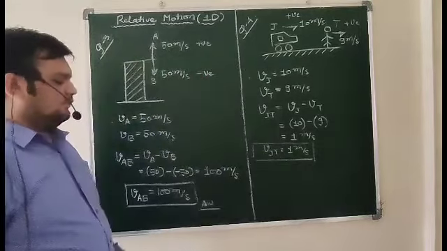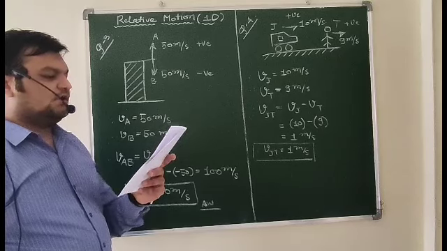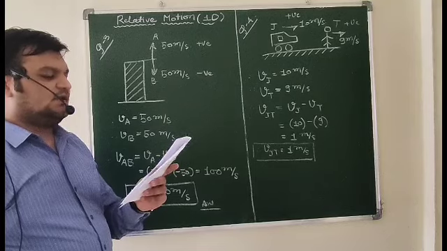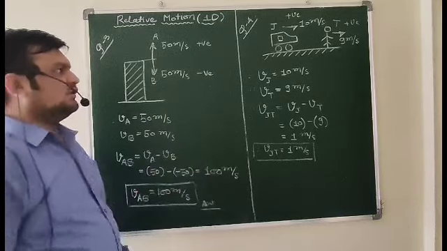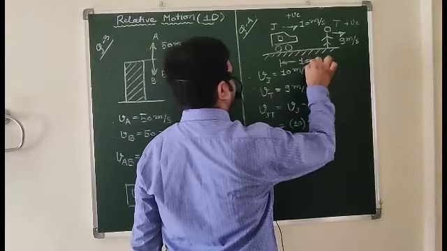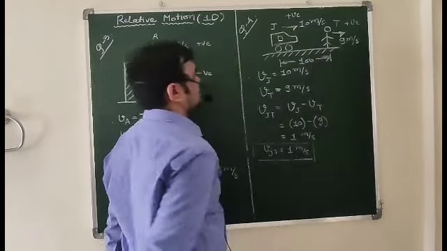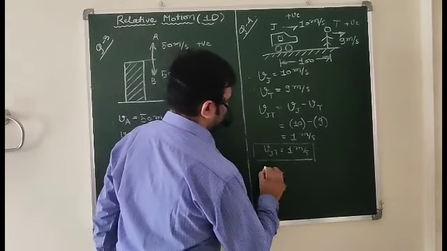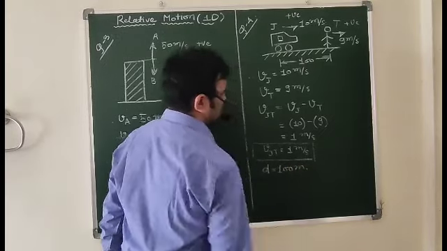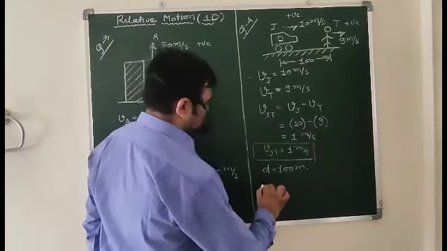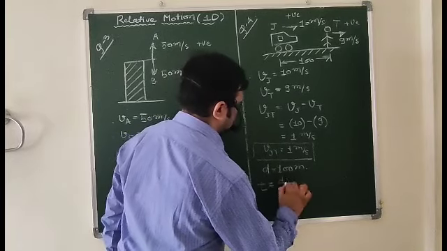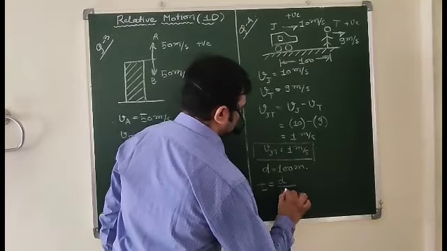Now the relative distance, here the instantaneous separation of the jeep from the motorcycle is 100 meter. So S or D is 100 meter. So ultimately time T is equal to distance or separation D divided by relative velocity.